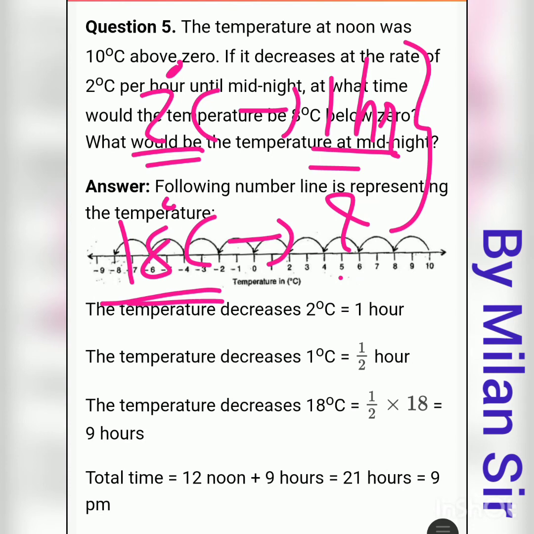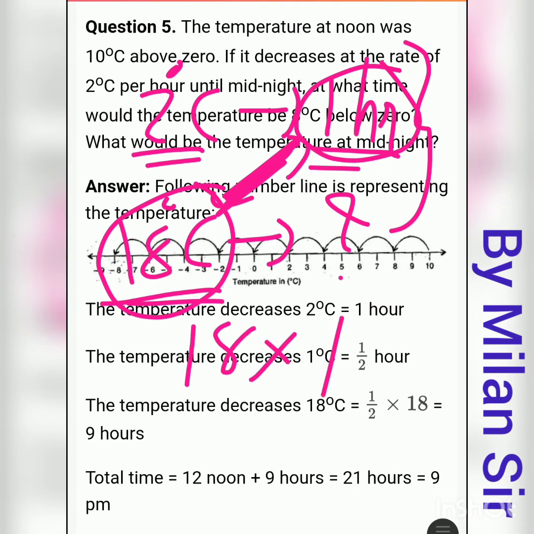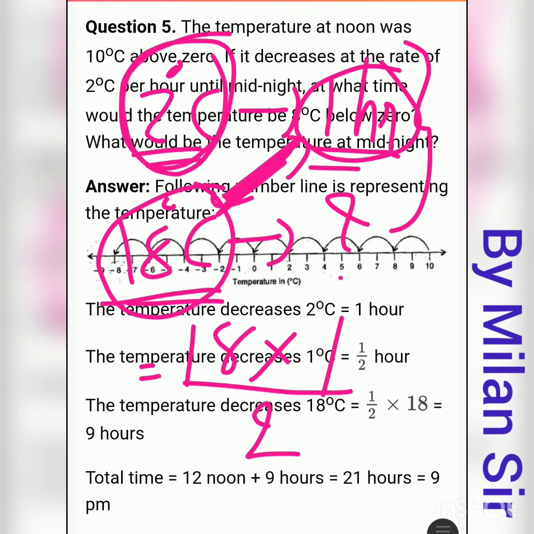Okay, we need to form this table. For 2 degrees Celsius, 1 hour. So for 18 degrees Celsius, how many hours? Now how can we solve this table? First of all, we need to multiply these two numbers. So 18 multiply 1, divided by the first number 2. 18 ones are 18, divided by 2, so 9.